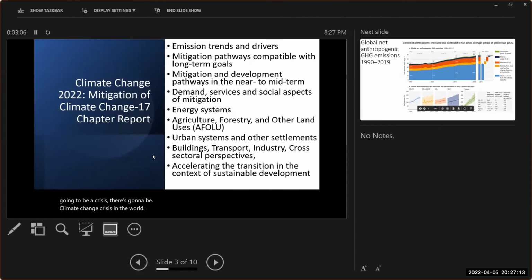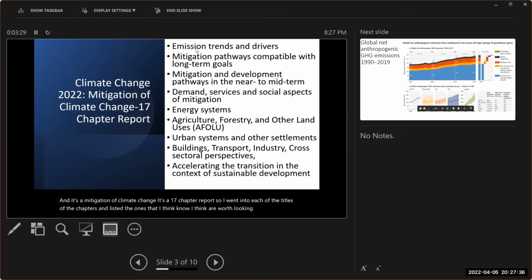Climate Change 2022, this is the report this year, and it's on mitigation of climate change. It's a 17-chapter report. I went into each of the titles of the chapters and listed the ones that I think are worth looking at.